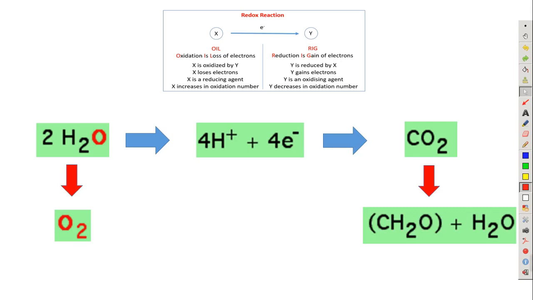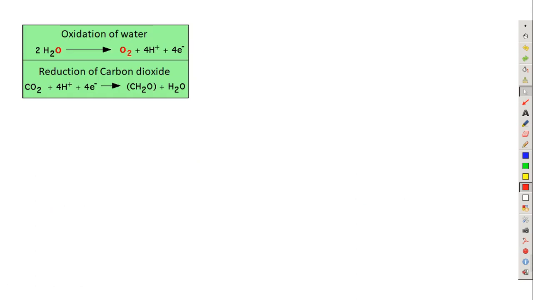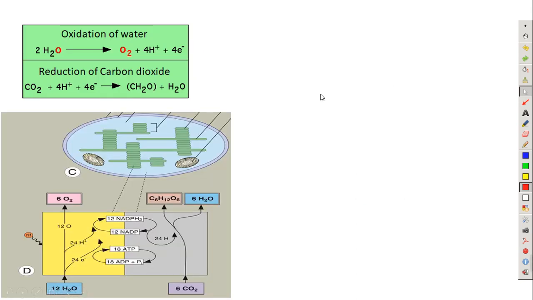However, we've said that in plants it's more complex. You can't directly couple these two reactions, so water can't directly give its electrons to CO2. The story is a little bit more complex, so next slide is going to be a first level of detail. Okay, so as I said, these two equations can't be directly coupled together.